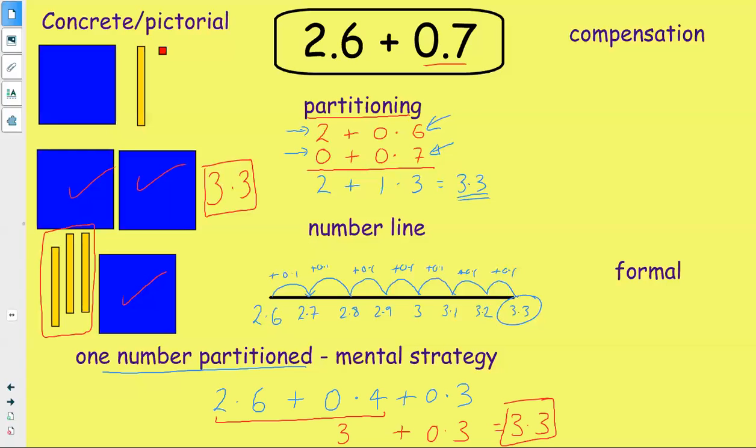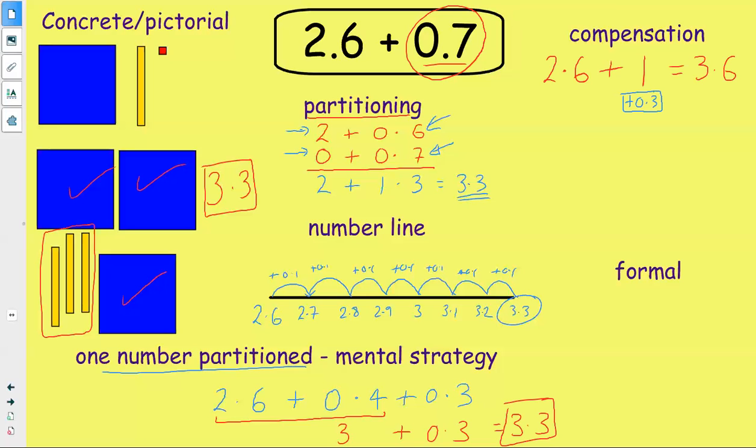Compensation. If you rounded a number, again, this could be a good one to do mentally. I would probably say let's round this 0.7. What is a friendly number that 0.7 is near? It would be 1 whole. So if I change this calculation to 2.6 add 1, but knowing in my head that I have really added on 0.3 to that 0.7 to get my whole, then 2.6 add 1 whole is 3.6.